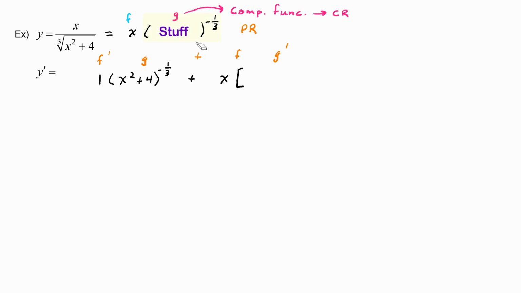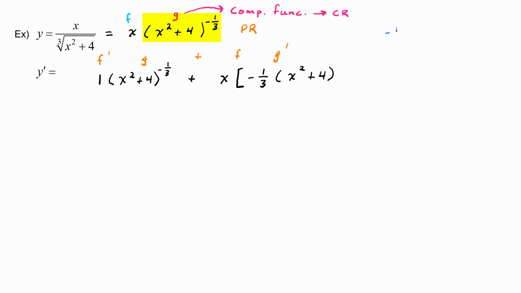We have stuff to the negative 1/3 power. So then g prime is going to be negative 1/3 times the stuff, which is x squared plus 4, raised up to the power of negative 1/3 minus 1.